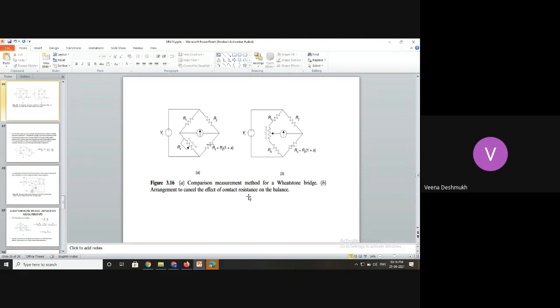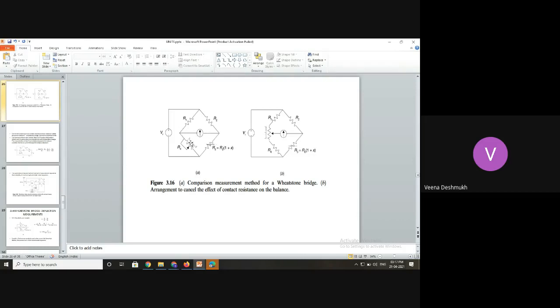And when the bridge is balanced, the potentials at these 2 points, say at this point and this point, are going to be equal because the ratio arms have the equal resistors. So this gives you null deflection when these 2 potentials are equal. What that means is there is no current flowing in this path, indicating null deflection.